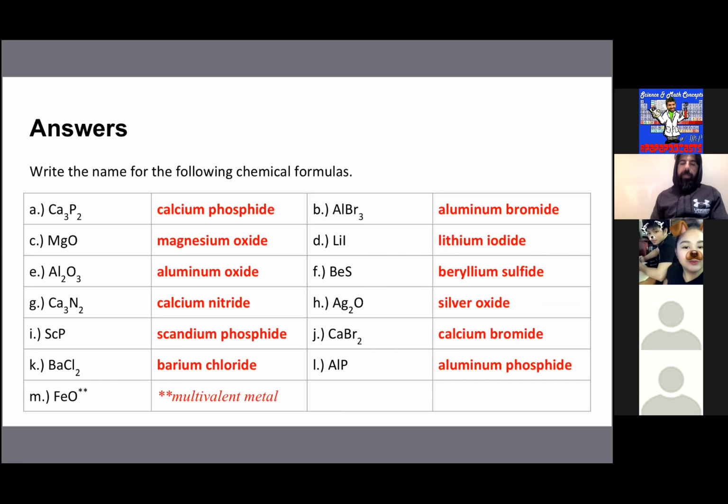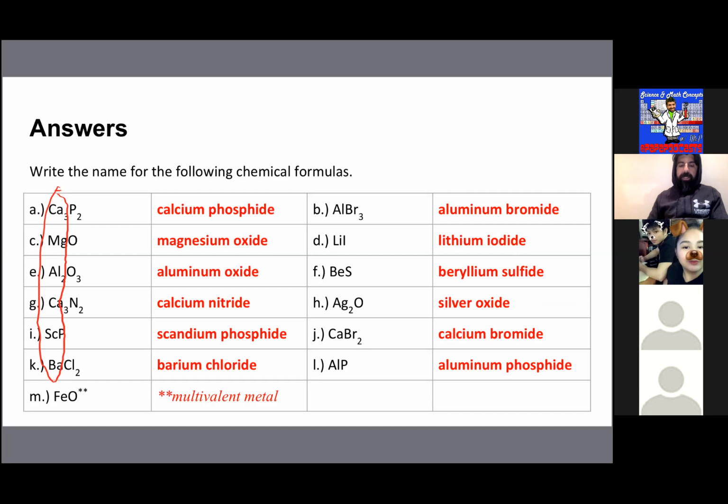One thing to make note of for the naming part: when you're naming, always be careful. It really is simple for this first lesson, but eventually, in the next lesson, we're going to see that all the metals here have one oxidation number, whether it be a +1, +2, +3, whatever it happens to be.